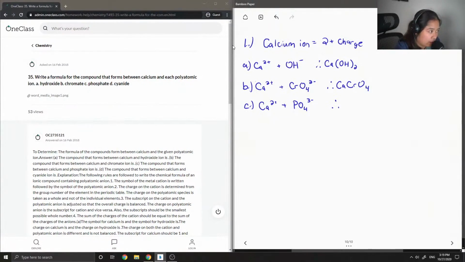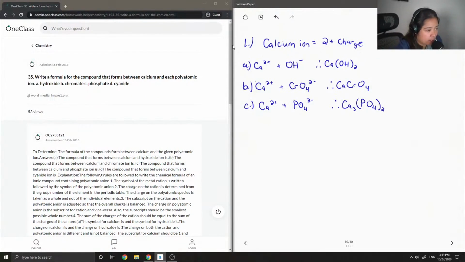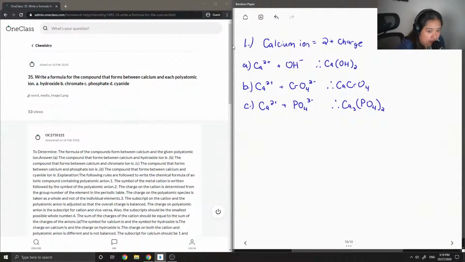So therefore its compound shows that we need 3 calcium atoms, and we also need 2 phosphate ions. So to do this, I kind of just cross multiplied. So since phosphate has a -3 charge and calcium has 2, I just cross multiplied it to get those values.